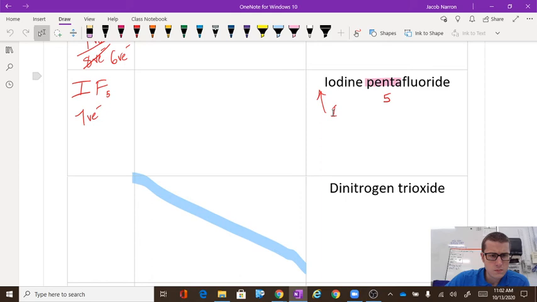And then we have fluorine, which also has 7 valence electrons, but there are 5 of them. So we're really doing 7 times 6, which I can definitely do, not with the calculator. I definitely didn't go over there and use a calculator because I don't remember multiplication tables. So I got 42. So we got 42 valence electrons to divvy out and figure out where they go. Not a big deal.